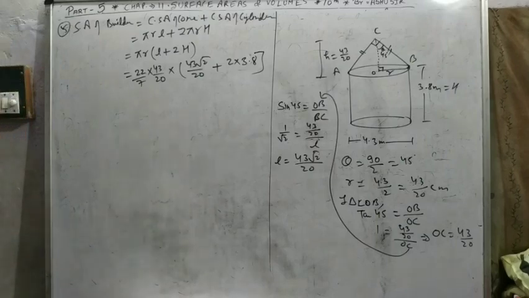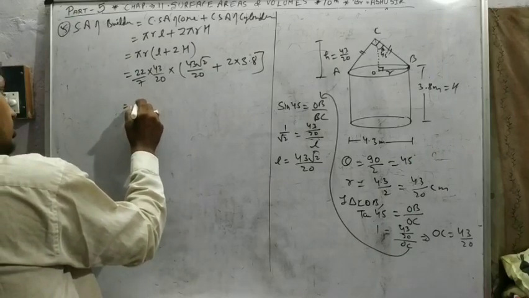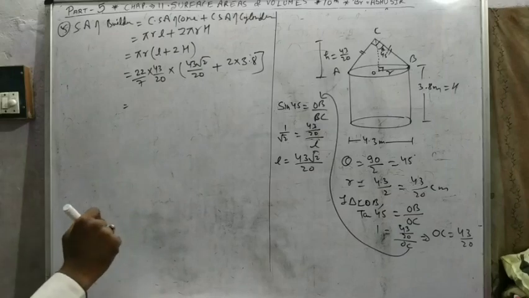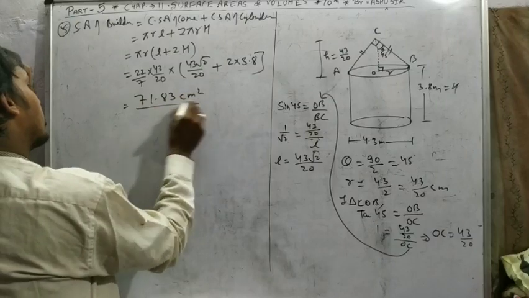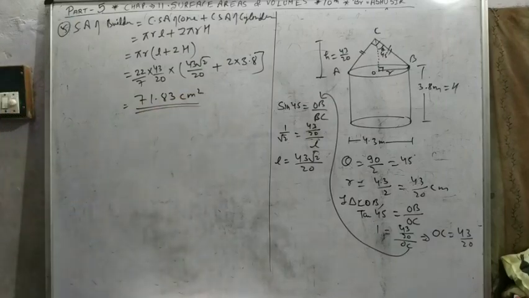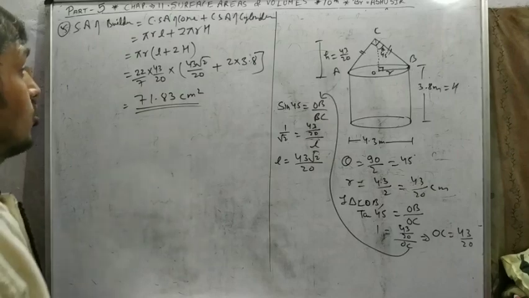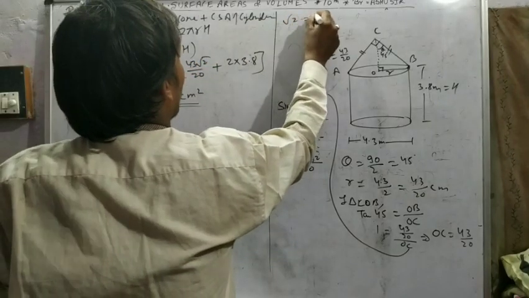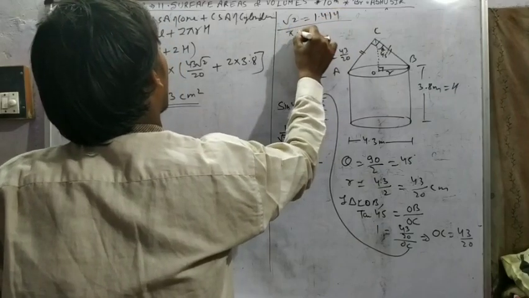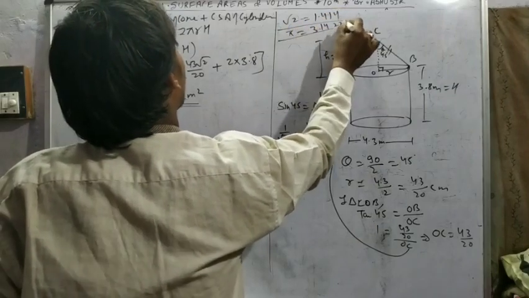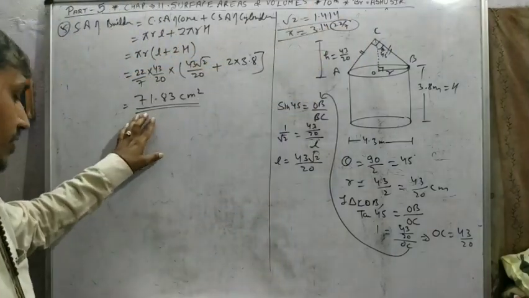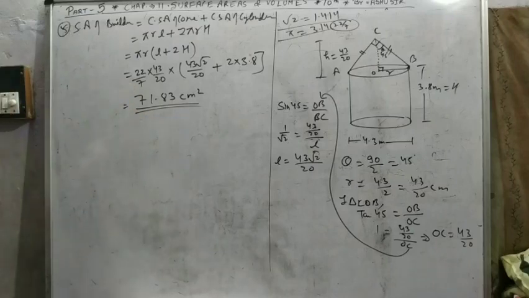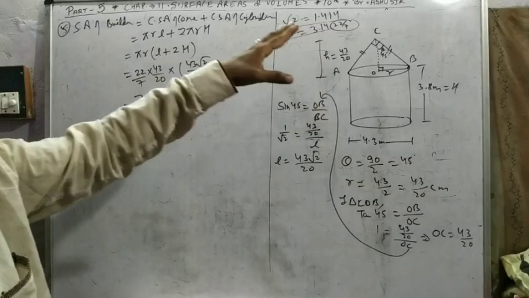After putting all the values, you can solve it and add it, so we get 71.83 centimeter square. We are not wasting time, so we directly write the answer. You know the root 2 value is 1.414 and pi value 3.14 or 22 by 7; that's your choice. We solved it in the rough copy, and so we get 71.83 centimeter square as the surface area of the building.